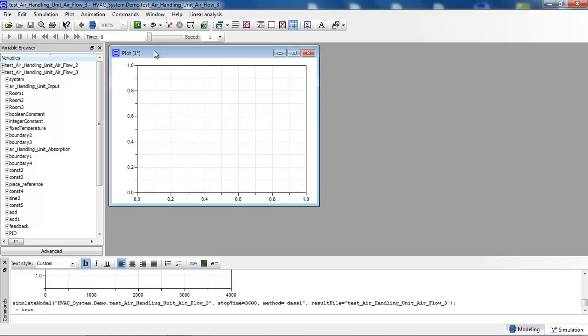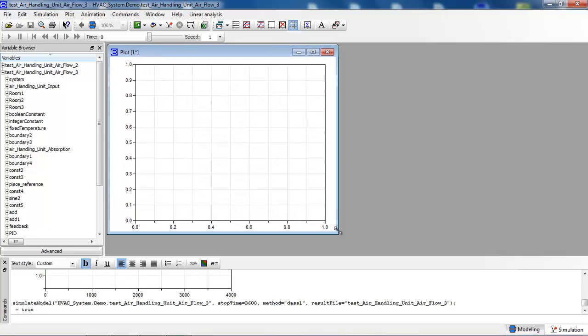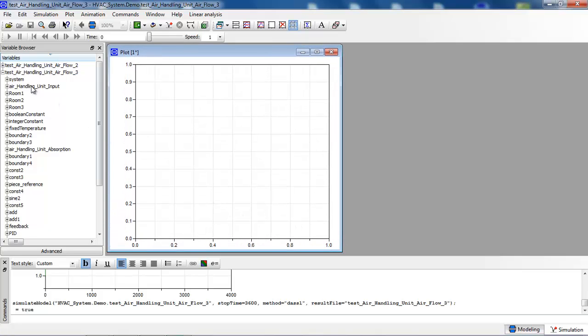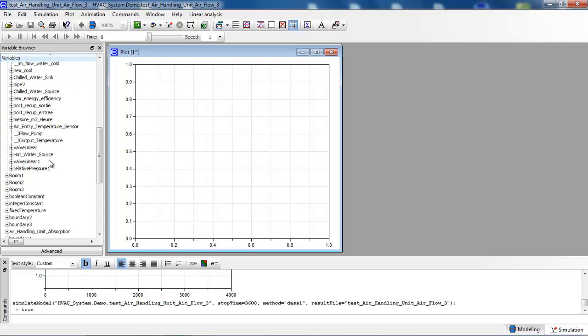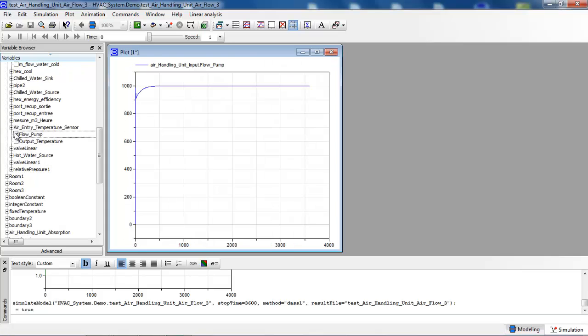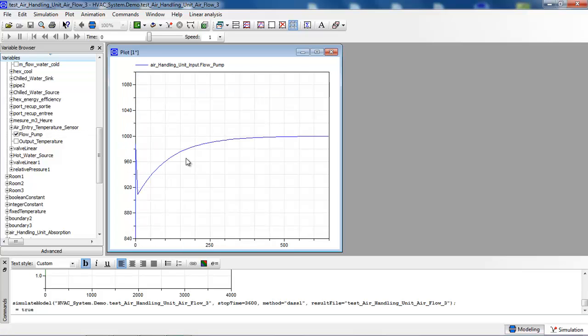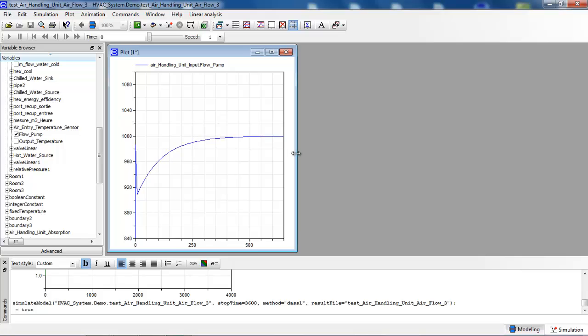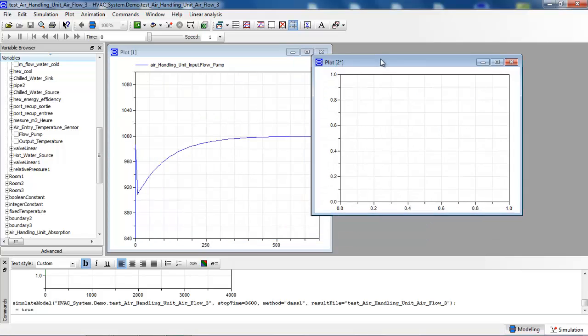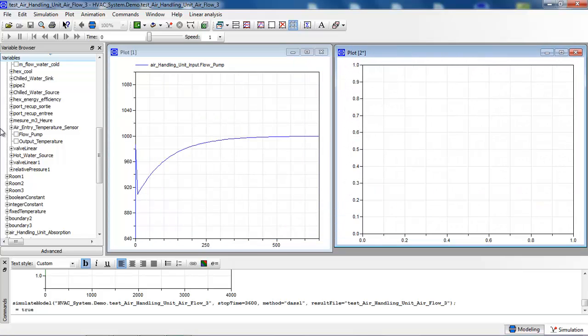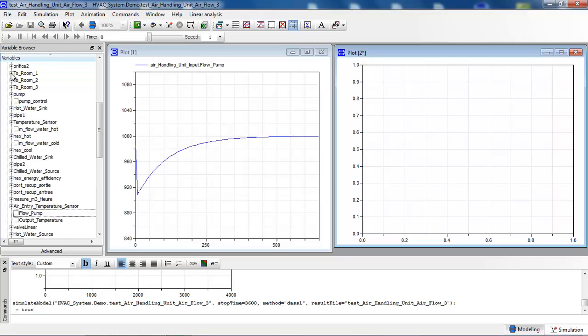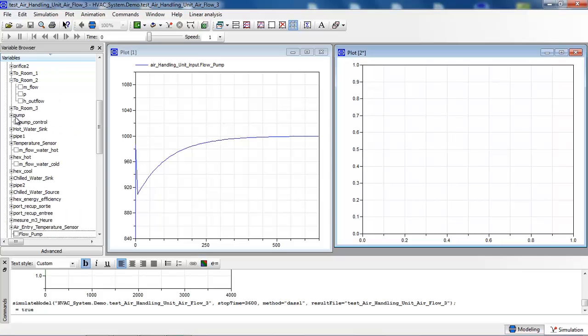So first of all, we will verify the flow through my pump here. You can see here that the flow has been controlled to obtain the value that I wanted, 1000 meter cube by hour. And then we will post-process the pressure in room number 2.